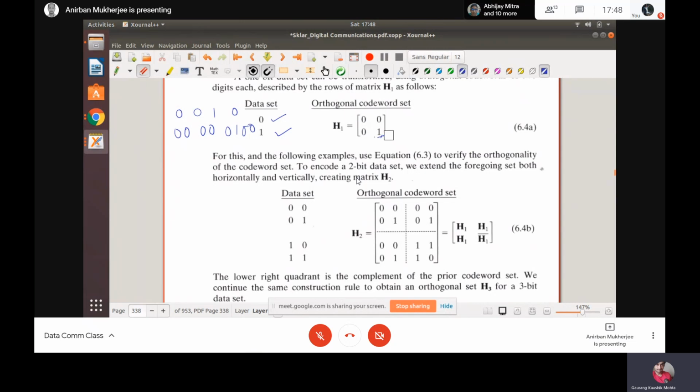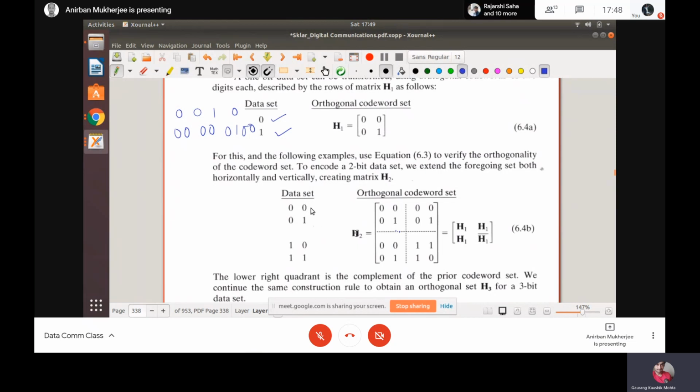You have seen that H1 is an orthogonal matrix, that means H1 transpose H1 is 0 for the off-diagonal terms. This is H1, this is H1, this is H1 complement, this is H1. If I do it this way, H2 will always be an orthogonal matrix.